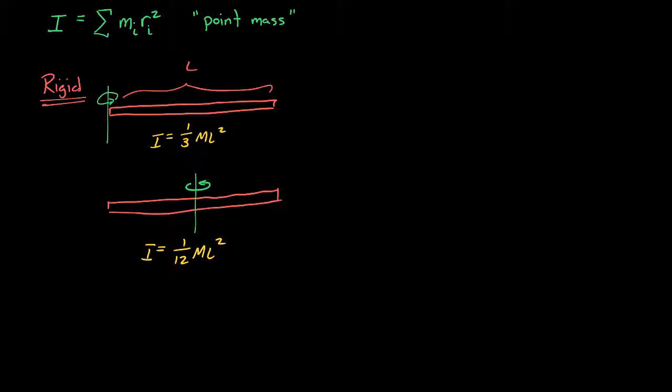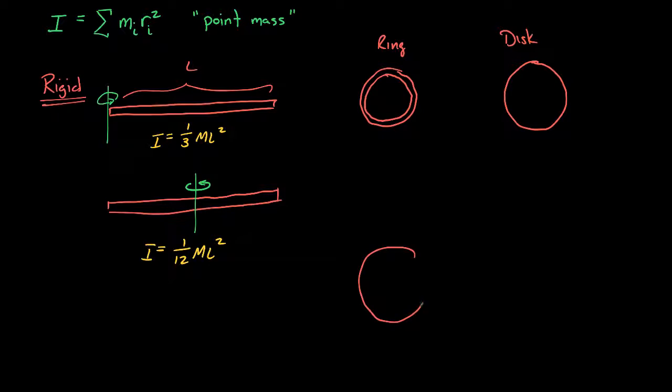And then right as the bell started to close, I suggested you take a look at the table for a couple of other shapes. A ring, a disc, a hollow ball, and a solid ball.